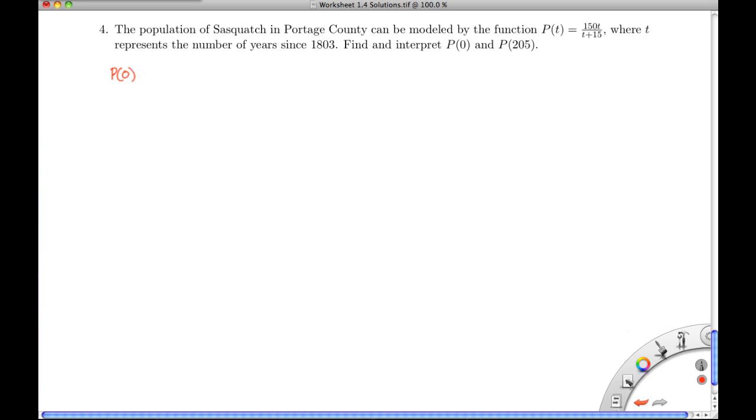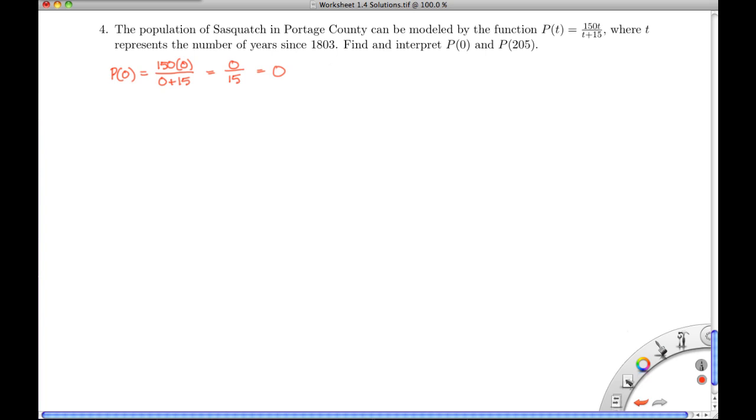Well, we know that this notation is telling us to take the function, and in place of t, go ahead and place a 0. So this is going to be 150 times 0 divided by 0 plus 15. We end up getting a 0 in the top, a 15 in the bottom, and we just get a value of 0. So that's easy enough, but what does this mean?